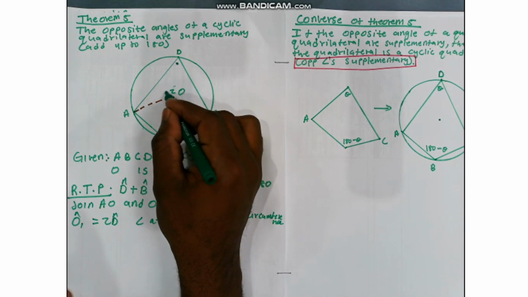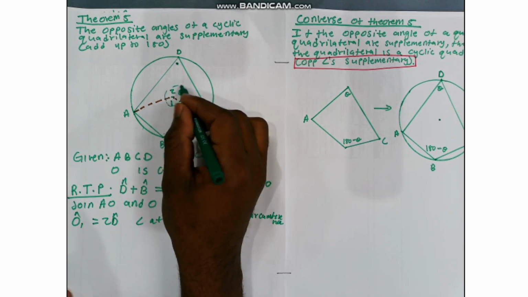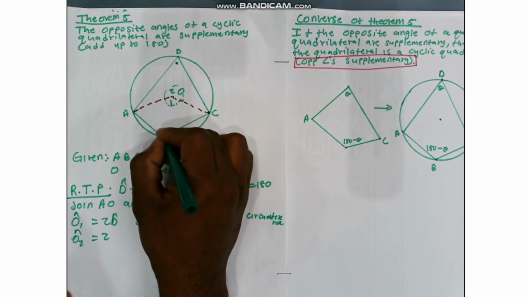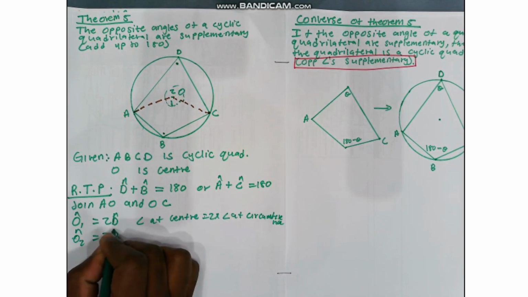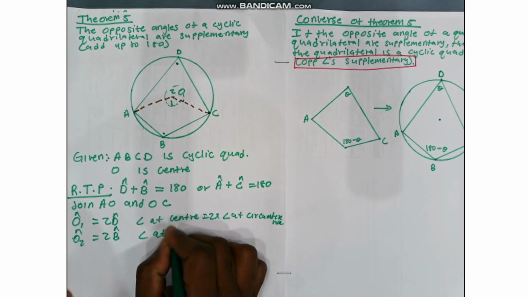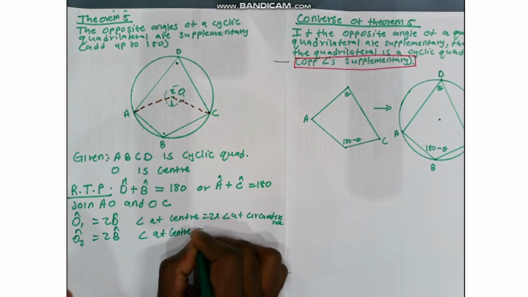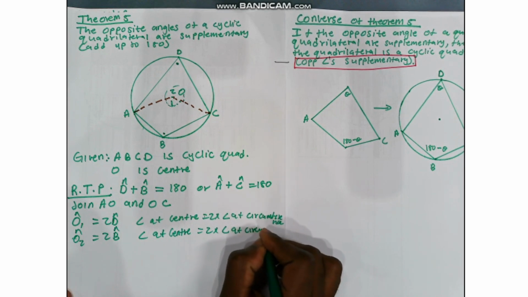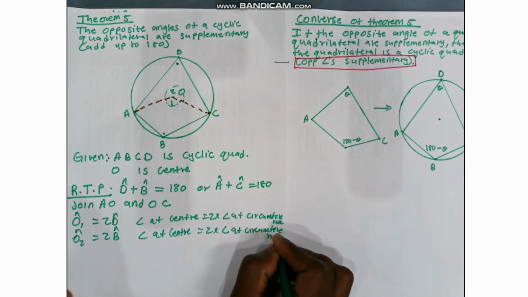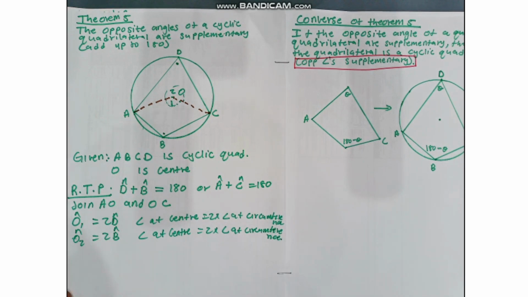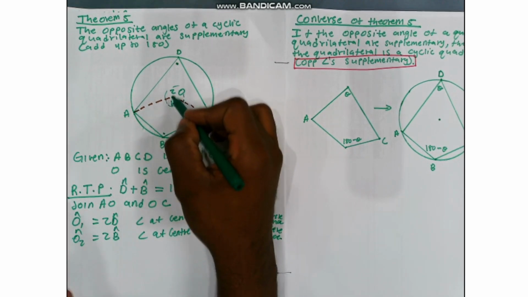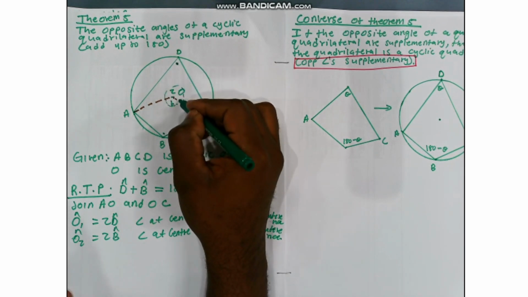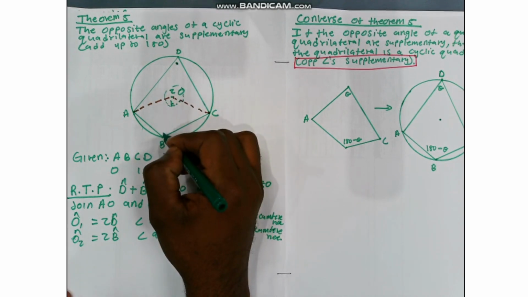Again, O2 here is equal to twice B, the angle at the center is equal to 2 times an angle at the circumference. I hope you see it. O1 is equal to twice D. O2 is equal to twice B.